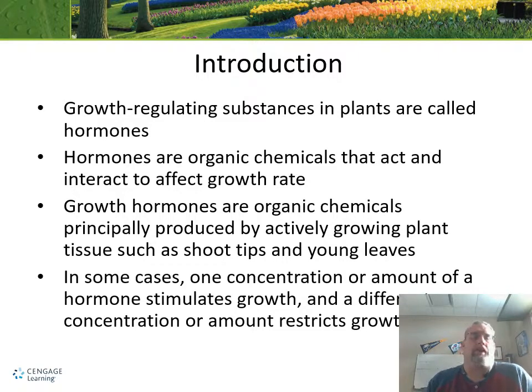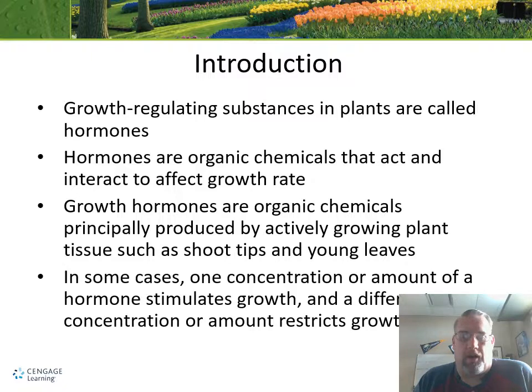Basically, growth regulating substances are called hormones, and these are real similar to how we grow and we have hormones. All plants need these hormones to grow and to continue. They are an organic chemical.